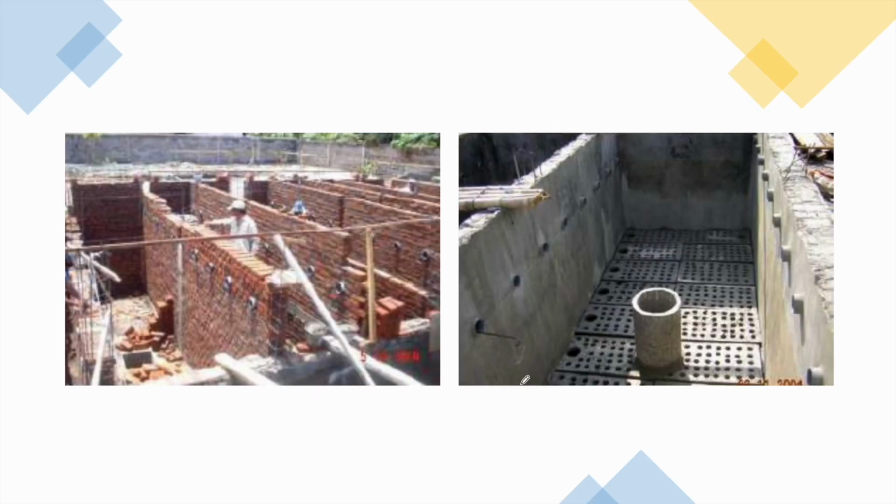This is what an anaerobic filter looks like in real life. Notice this is an anaerobic filter that is made out of bricks, for example, so easy material and easy construction. And this is a reinforced concrete anaerobic filter. Notice the pipes. We have many pipes placed in series in one chamber.